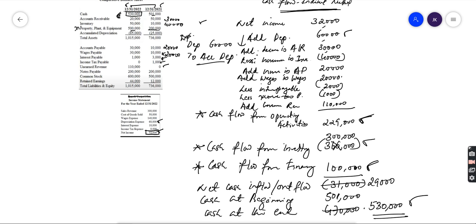So if you are a cash basis entity, of course, this 32,000 should have been the cash at the bank also. Why would you do this? Because you're doing accrual basis accounting. And now in this question, we do not have any additional adjustments or something like that. So therefore, this was pretty simple.